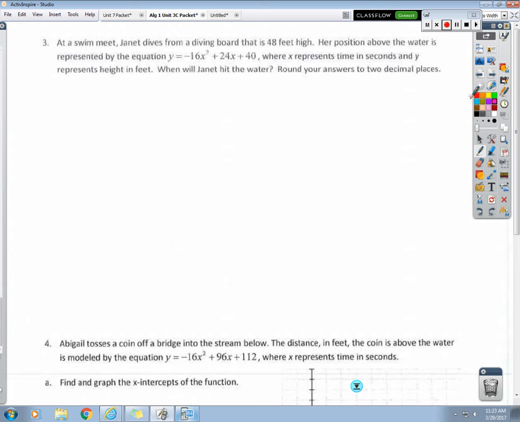Okay, page 27. At a swim meet, Janet dives from a diving board that is 48 feet high. Her position above the water is represented by the equation y equals negative 16x squared plus 24x plus 40, where x represents time in seconds and y represents height in feet. When will Janet hit the water?